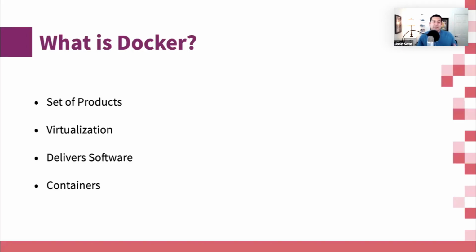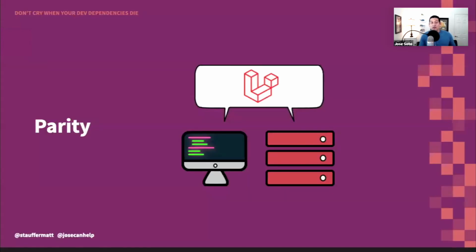So Docker is a set of products that uses virtualization to deliver software in packages called containers. These containers are isolated from other containers, but can communicate with each other, usually with some sort of network protocol or port. Docker provides parity between your local development machine and your production machine, since in both instances, the same engine is being used to run these containers.